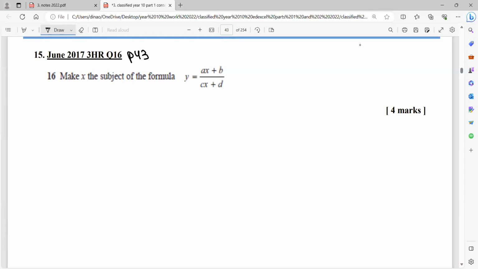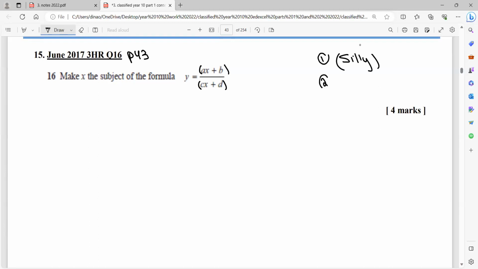I'm going to add some notes, some hints, that might help you solve these sort of questions. Please, guys, always in algebra, always remember to put brackets around terms to avoid silly mistakes.